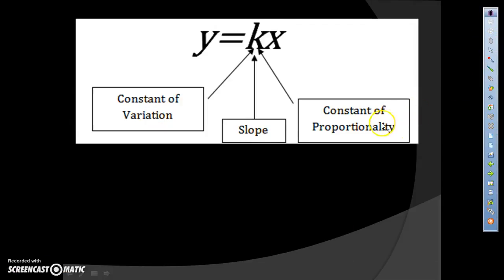I can call it the constant of variation, the constant of proportionality, and I can also call it slope. Pause here, and I want everybody to get this little image jotted down, because you're going to see this k value referred to in all of these ways. I want to make sure that everybody's got this jotted down.